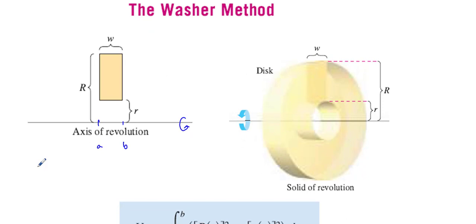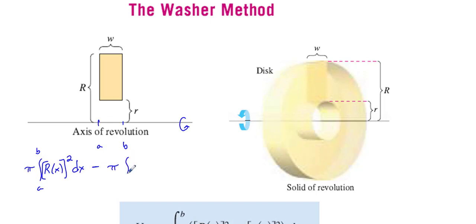Now, what I like to do first is break it apart. If we revolve the big radius around, just like we would for disk method, it would be pi times the integral from A to B of big radius squared dx, minus, we got to subtract out this volume, right?